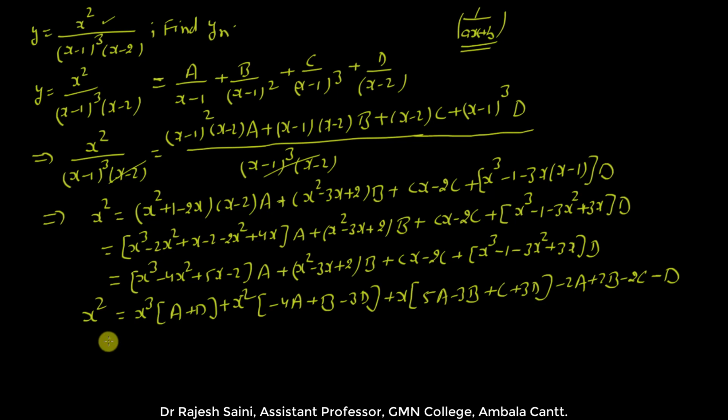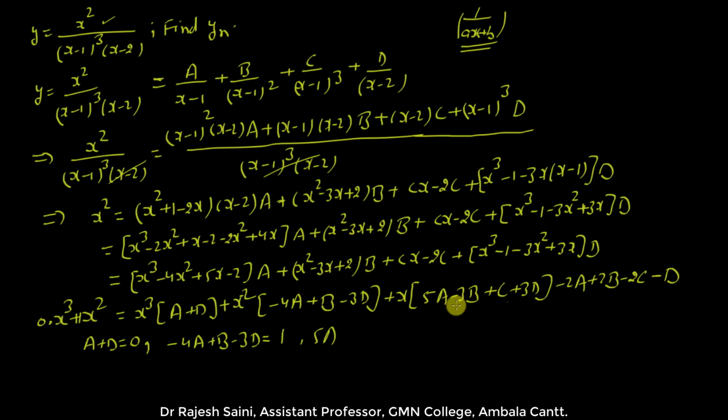Now comparing the coefficients of like powers on both sides, the coefficient of x cube over here is a plus d, and on the other side nothing is present for x cube, so can you write it as 0? So a plus d is equal to 0. The coefficient of x square here is this one, and here is 1, so it will be minus 4a plus b minus 3d is equal to 1.